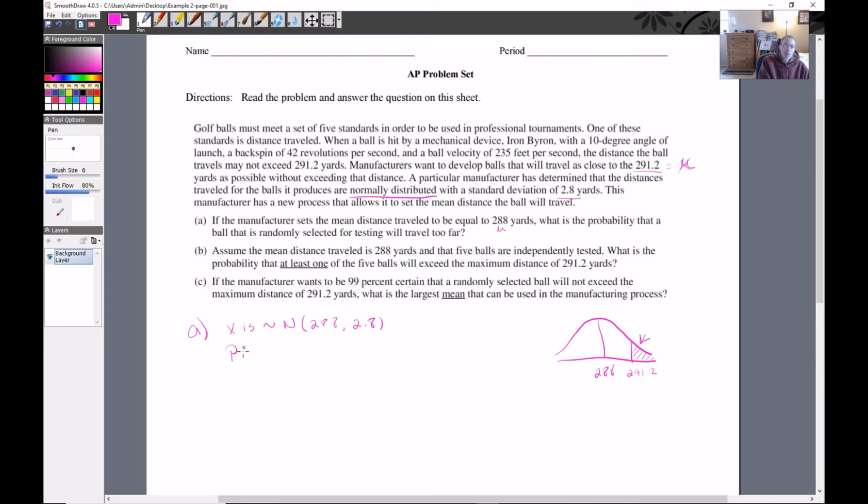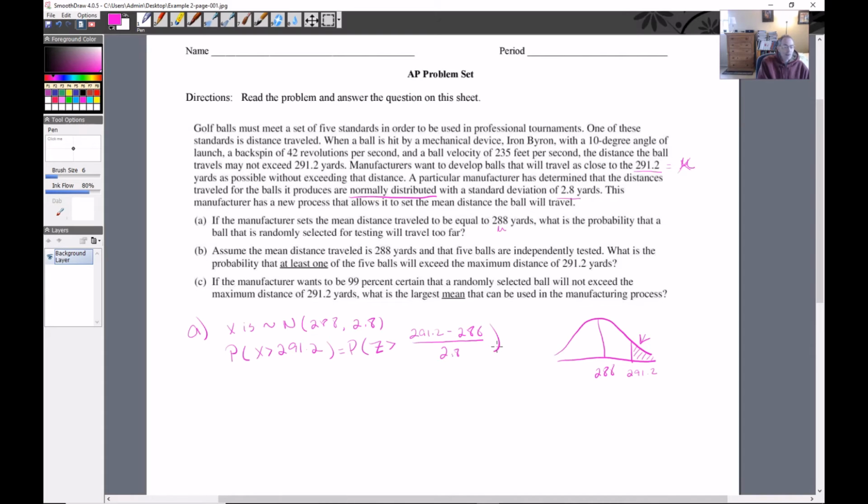So this is the probability that X is greater than 291.2 yards. And so we'll need to standardize. That's the probability that Z is greater than, that's X, 291.2, minus mu, that's 288, over sigma, which is 2.8, right?